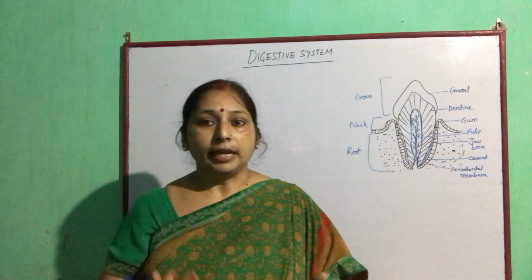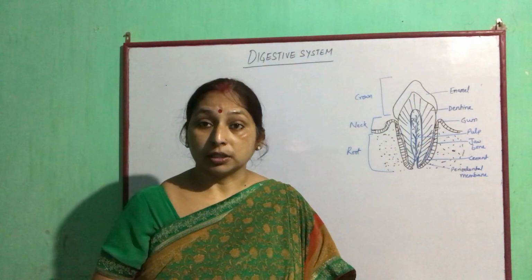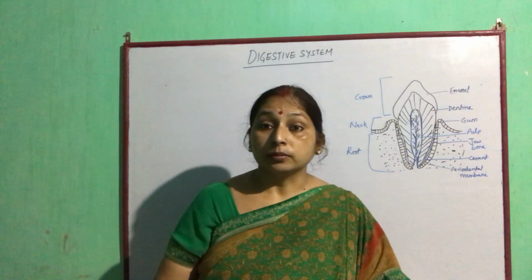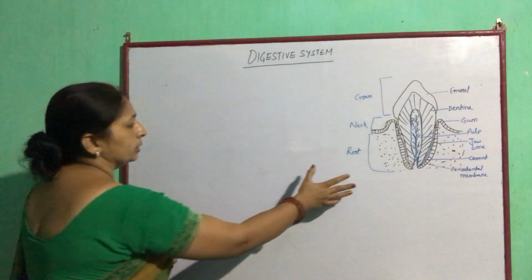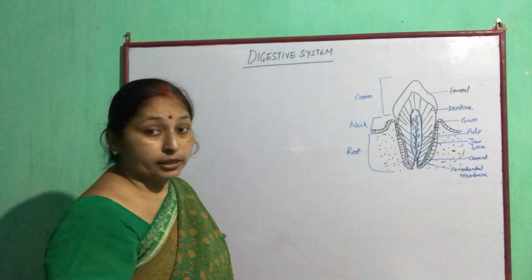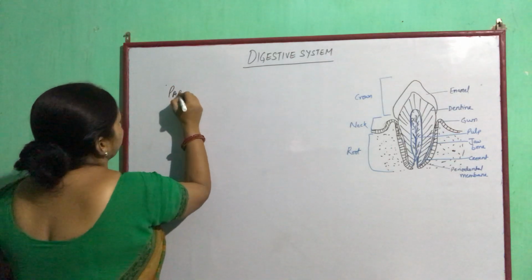In the next class I'll describe the process of digestion, so today only the basics of the digestive system. You can see the diagram, but I'll explain this diagram later on. First, the parts of a digestive system.